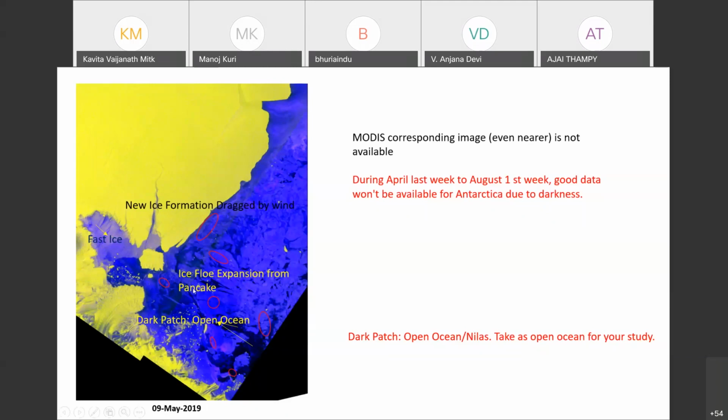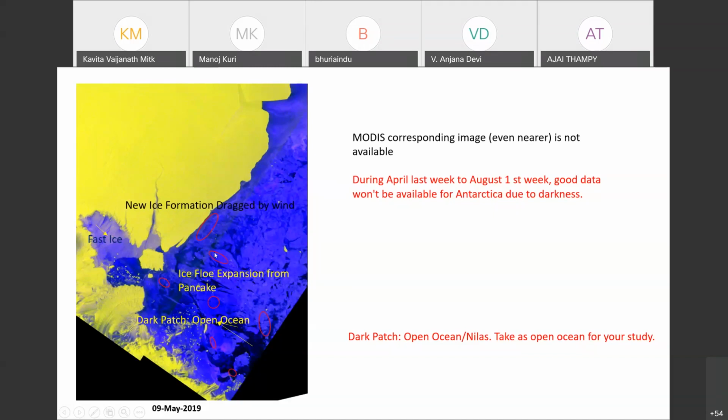And then again, you can see the formation of the sea ice floes. These particular patterns, you can see polygonal patterns, just like the pattern of rocks. These portions are called ice floes, and they expand into pancakes.